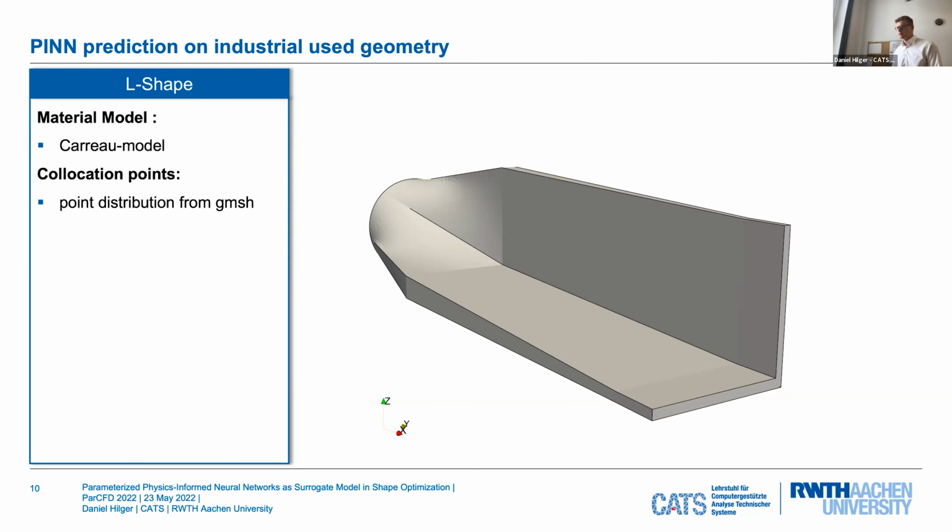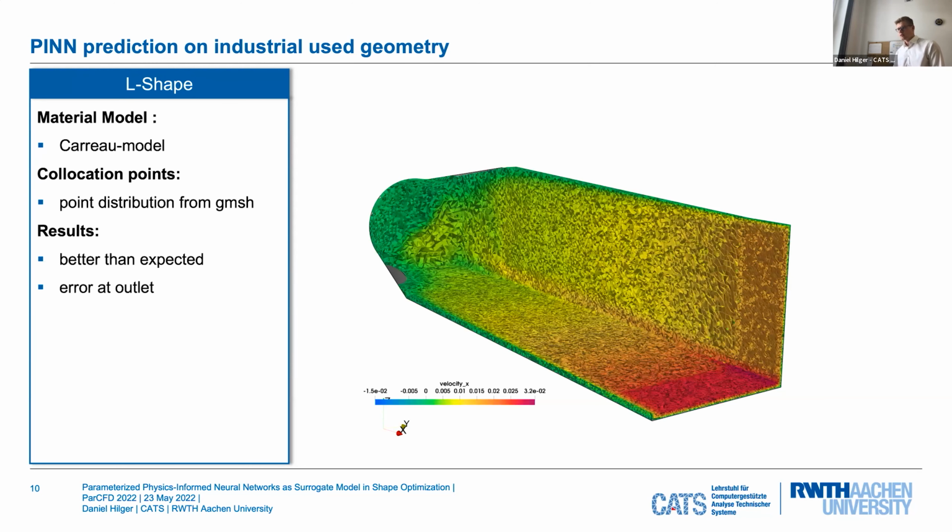This is the test case we are currently working on. The collocation points were generated with a classical meshing tool, Gmsh in this case, and then used to train our PINN.